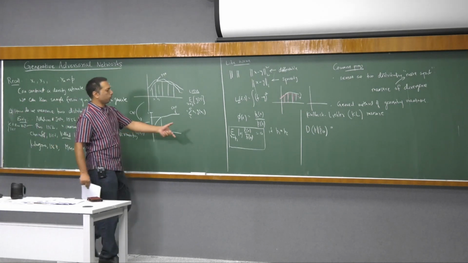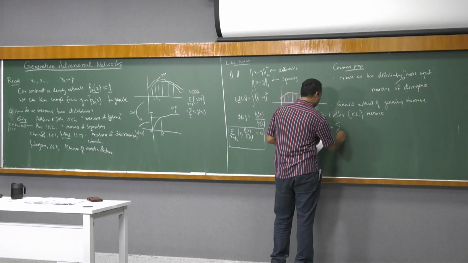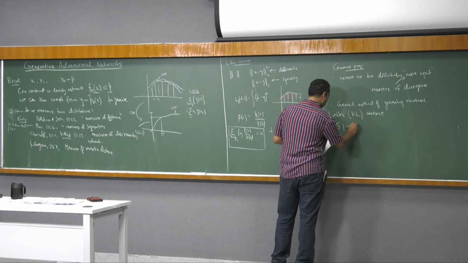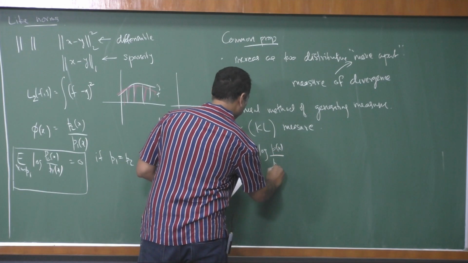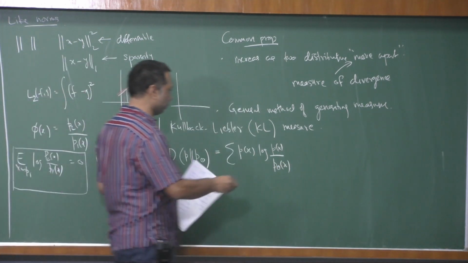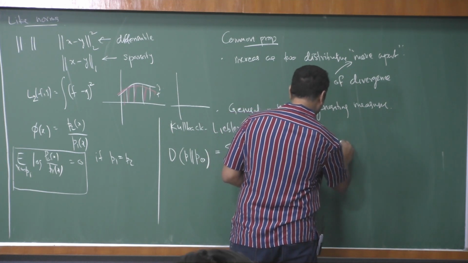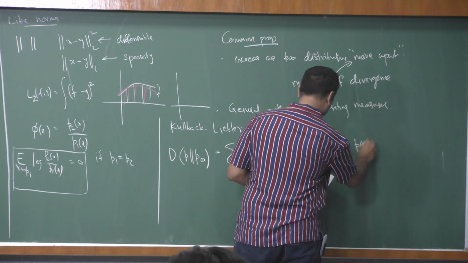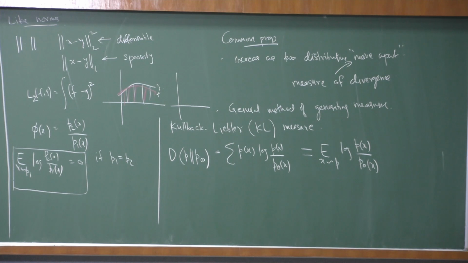So motivated from this, Kullback defined this expectation. This is the sum of p(x) log p(x) by p theta(x). And this is exactly what I said. Just for convenience, I will write this again. This is nothing but the expectation, x follows p, of log of p(x) by p theta(x). It's not necessary that it has to be in the discrete form. You can remove the summation and put an integral there also.